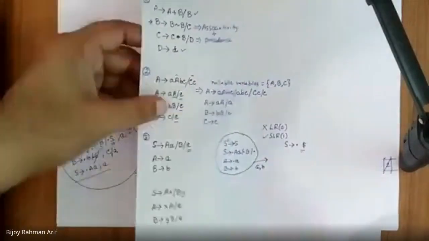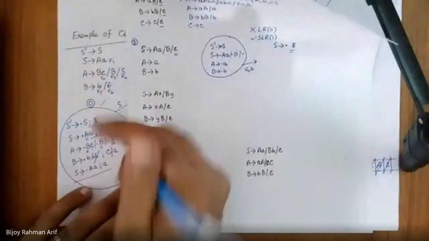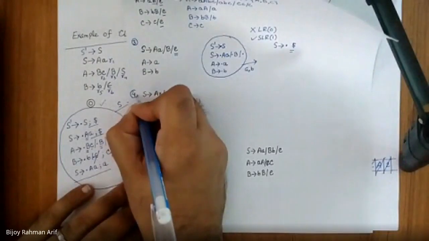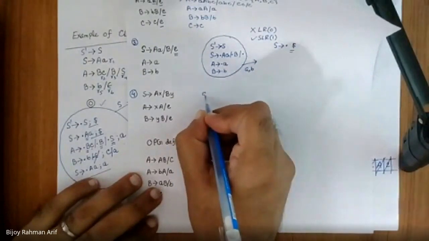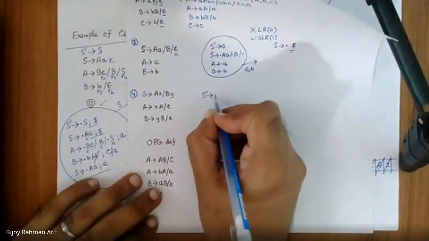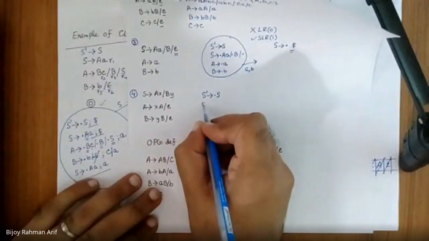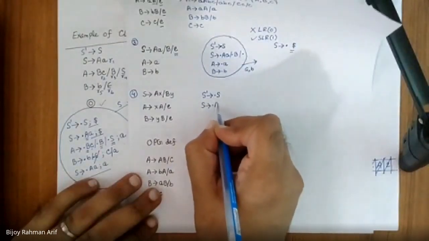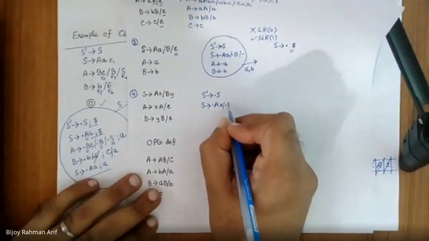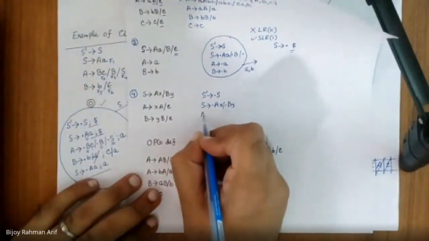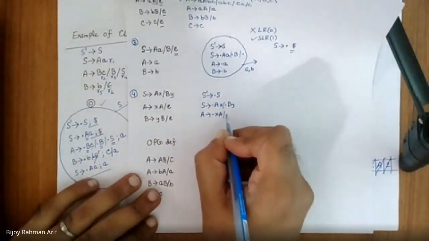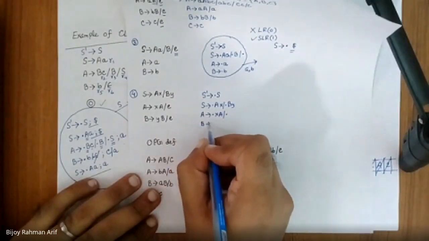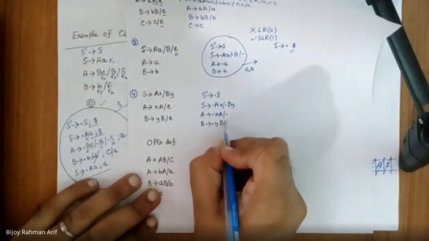Now let's go to the next problem, number 4. How many conflicts are there in LR0? Again, write this. S dash derives dot S, S derives dot AX or dot BY, A derives dot XA or dot, B derives dot YB or dot.